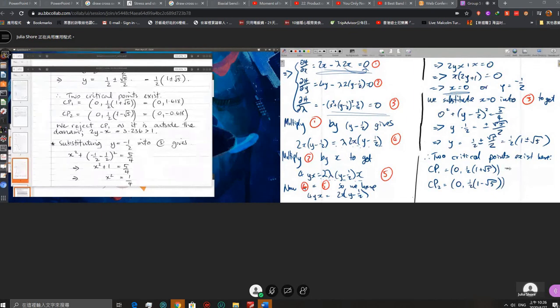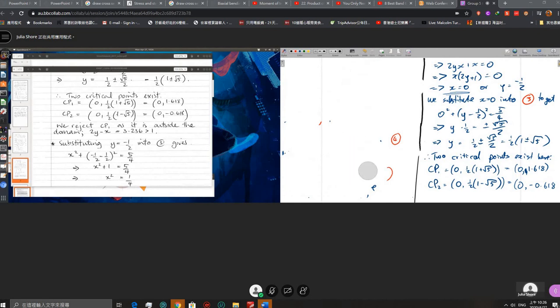The solutions here actually give decimal values right at the end. 0, comma, negative 0.618. Didn't mean to write that there. Oops. All right, so that's 2 critical points.